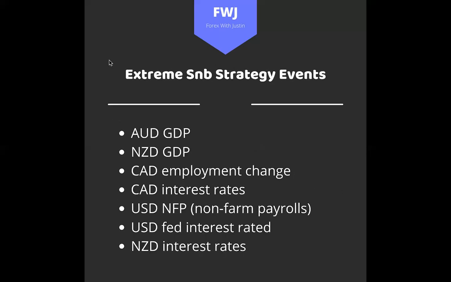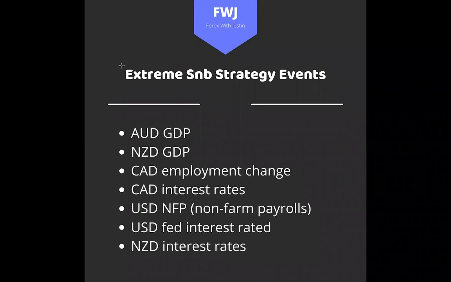Just like the Easy SNB had its own list of news events, the Extreme also has its own list of news events. I purposely added these news events because these are the ones that are more powerful than the other ones for the Extreme SNB. The reason is that with the Extreme, you want to take advantage of every pip movement that happens.